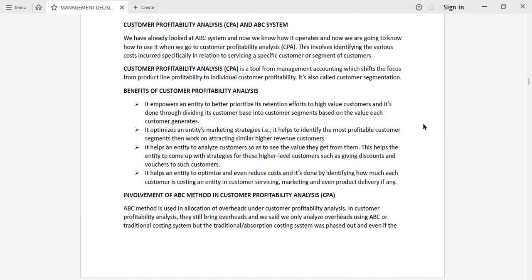Maybe just to have an overview of this customer profitability analysis. We are simply saying that we want to segment our customers into different groups so that we understand them better.